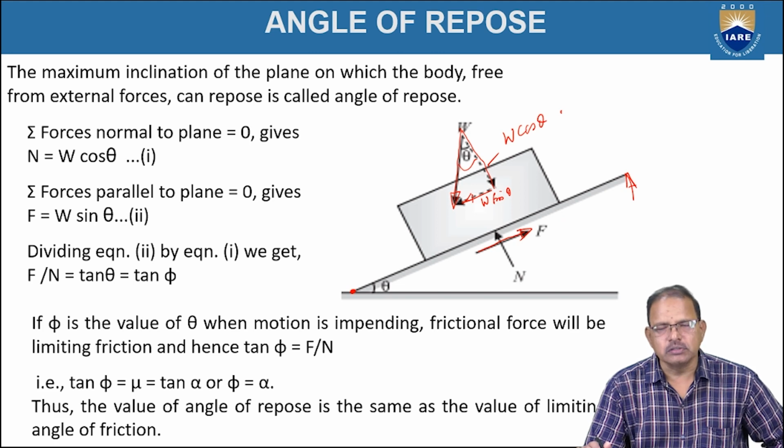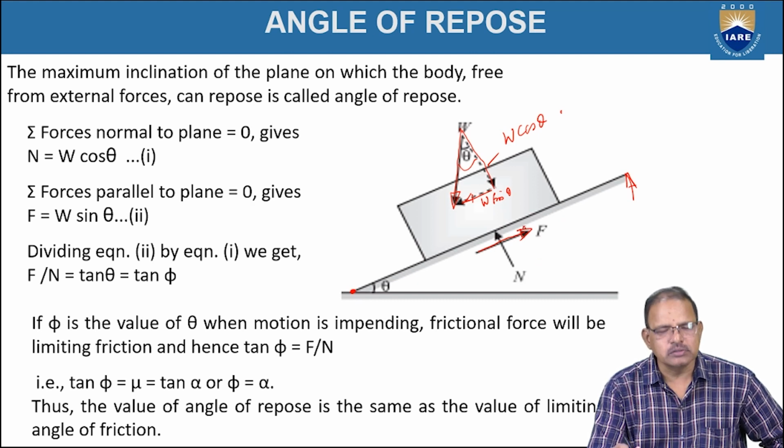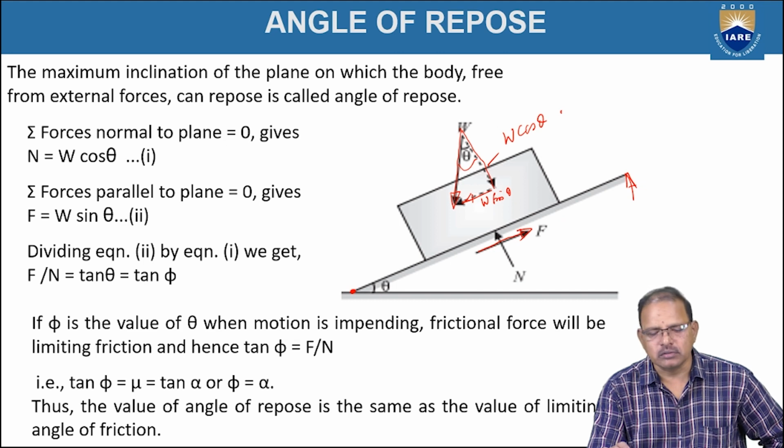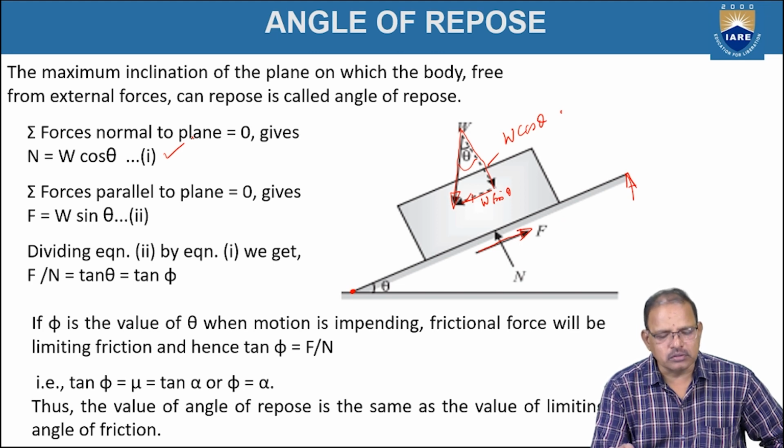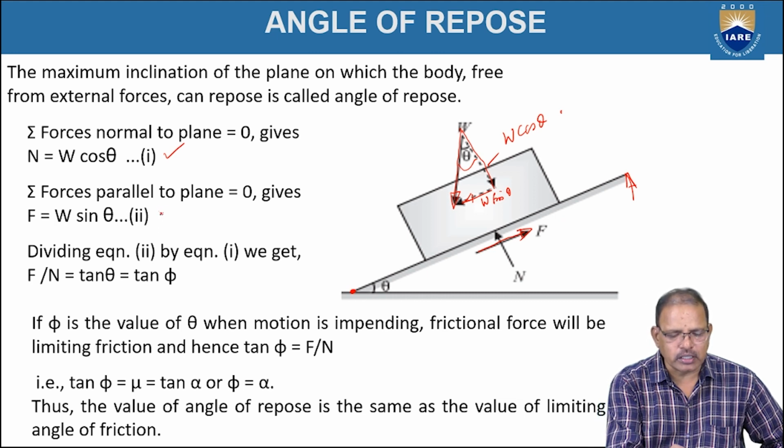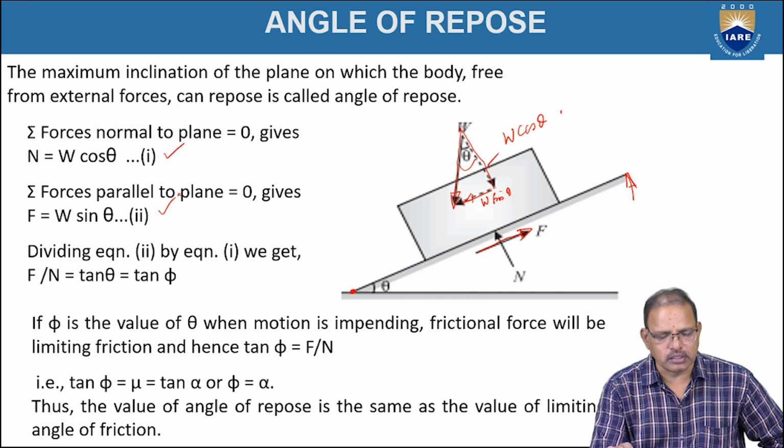Considering the forces normal to the plane, N is acting upward and W cos theta is acting downward. Both are equal in magnitude and act in opposite directions, hence N equals W cos theta. Similarly, for the forces along the plane, the frictional force is acting toward the right and the component of weight W sin theta is acting downward. Both are equal in magnitude and act in opposite directions, hence F equals W sin theta.